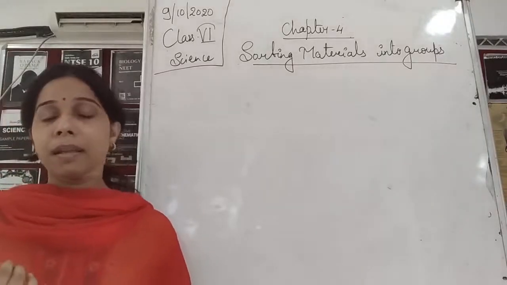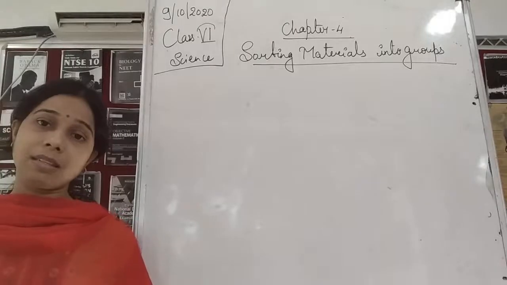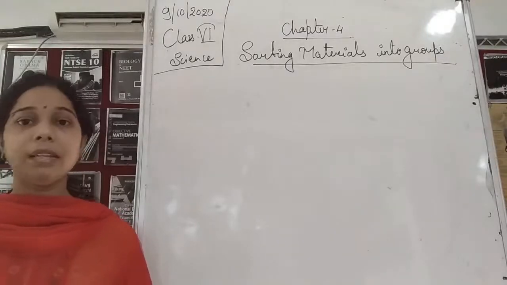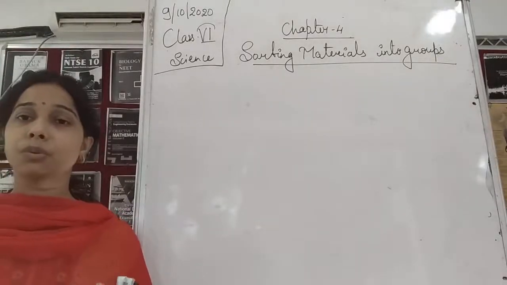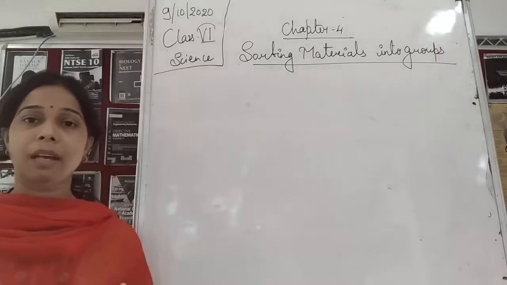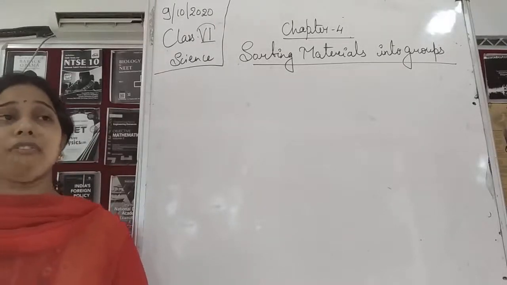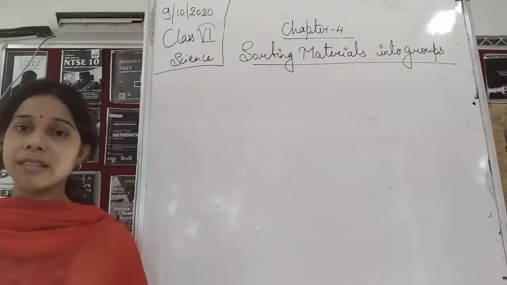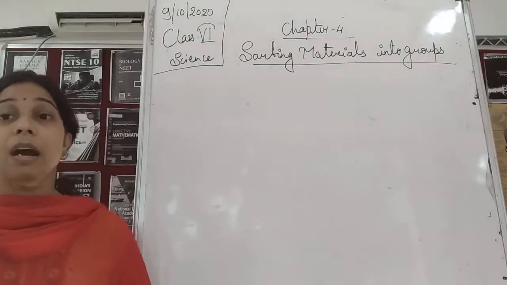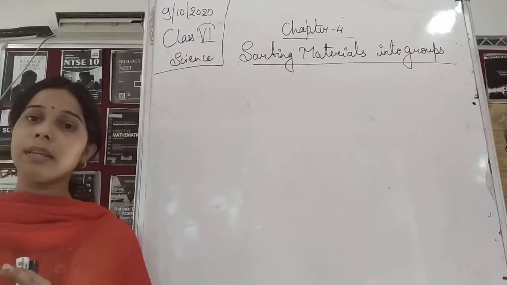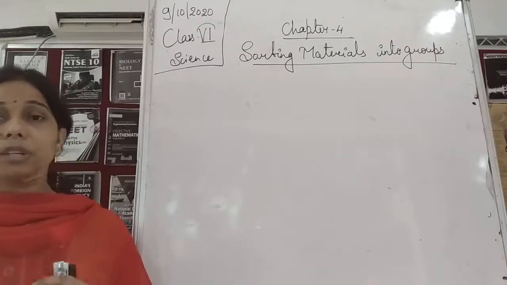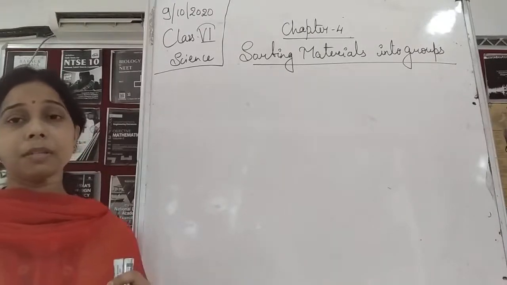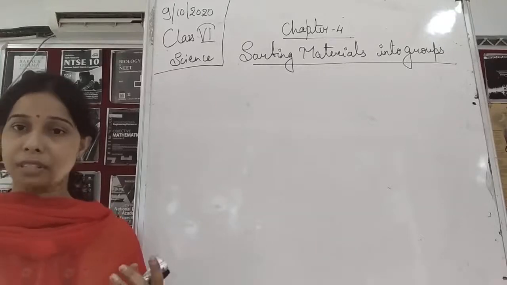We need to classify since all the objects differ from each other, either because they are of a different shape, or of a different size, or of a different color. All these things make objects differ from each other. It also means they have some similarities.